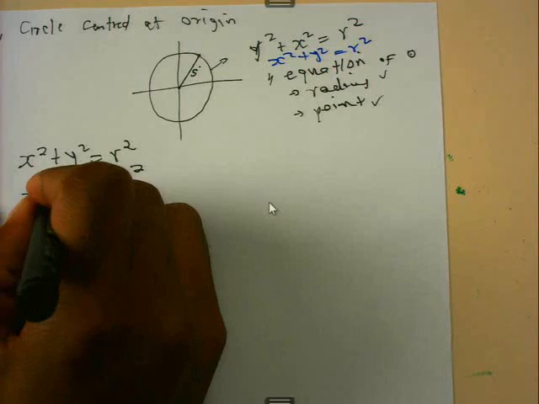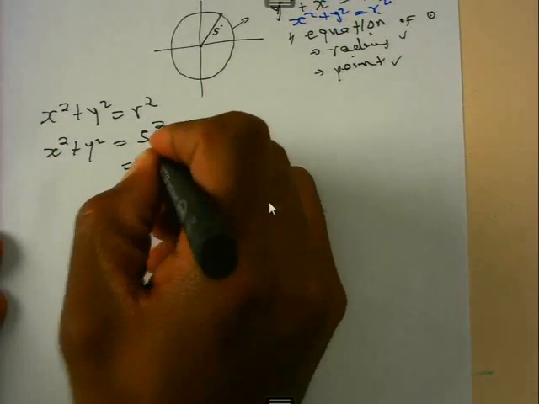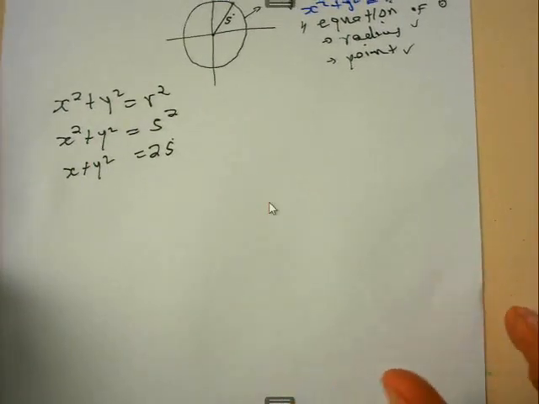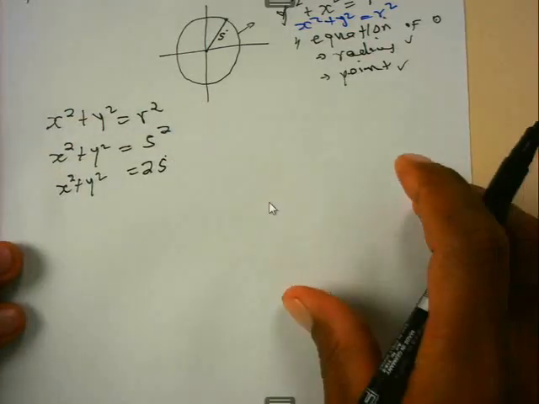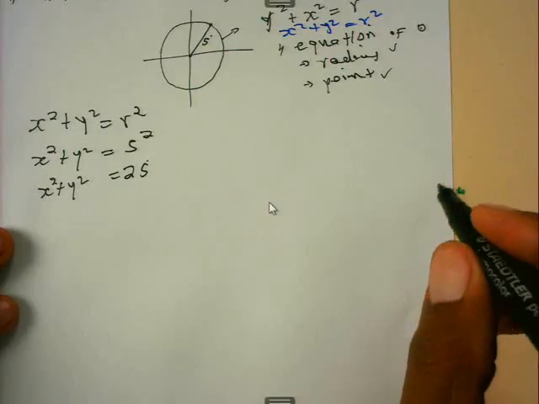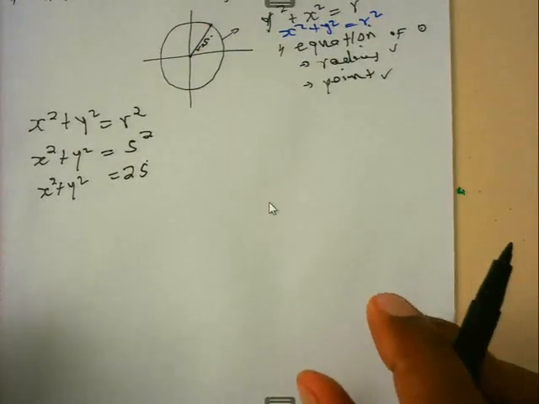You're going to have x squared plus y squared is equals to 5 squared. Therefore, the answer there is 25. Therefore, the equation of this circle will be x squared plus y squared is equals to 25. That's when the radius is given, if r is equals to 5.